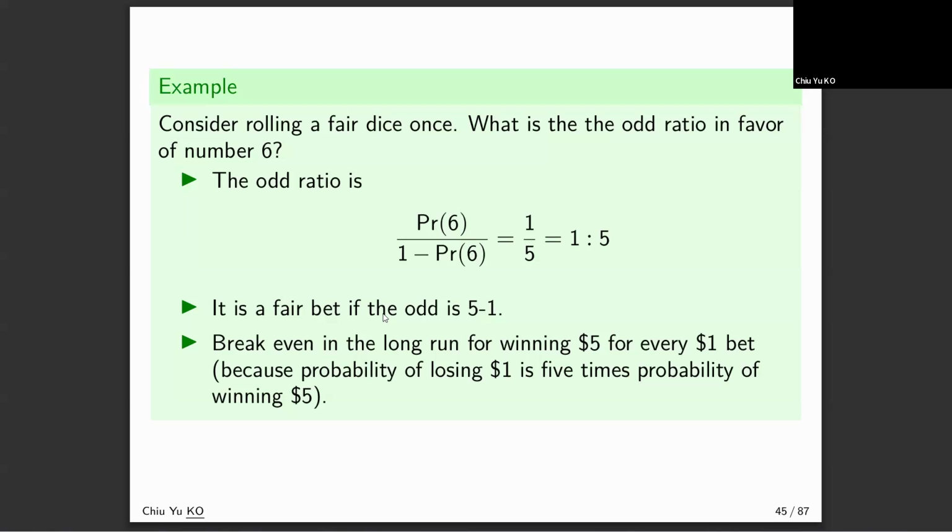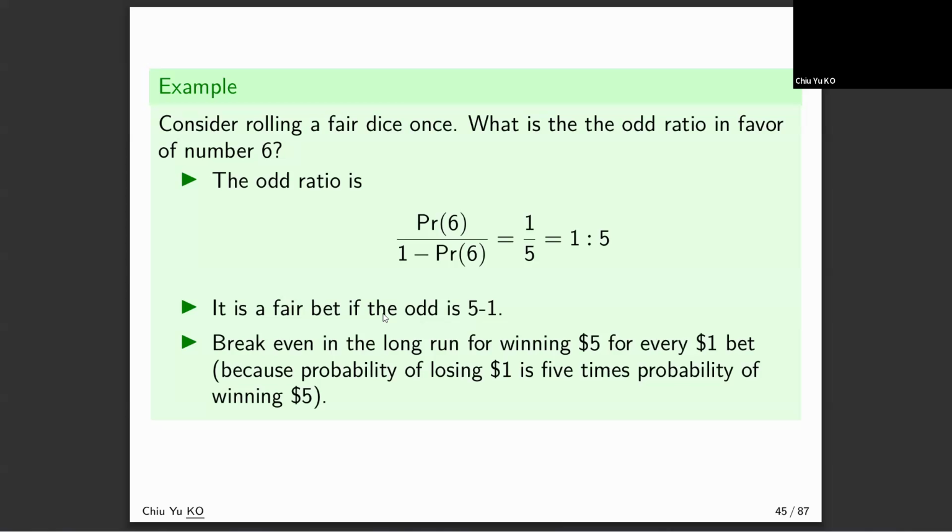Okay, if you bet $1 and you win, you get $5. If you lose, you lose $1. Then it's a fair bet. Why? Because in 1 cycle you win $5, and in 5 cycles you lose $1 each time. So if you win $5, then it cancels out.